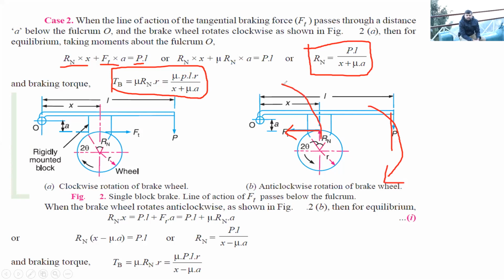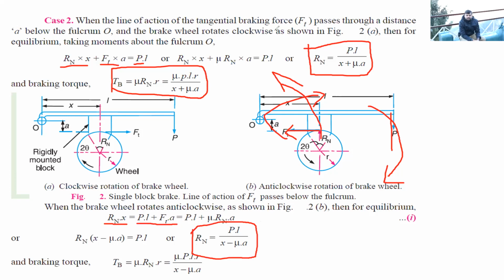This Rn will rotate the system in anti-clockwise direction, and this Ft will rotate the system in clockwise direction. Therefore, Rn into x will be on one side and PL plus Ft into A will be on the other side. And in this case, the value of Rn is equal to PL upon x minus mu into A.